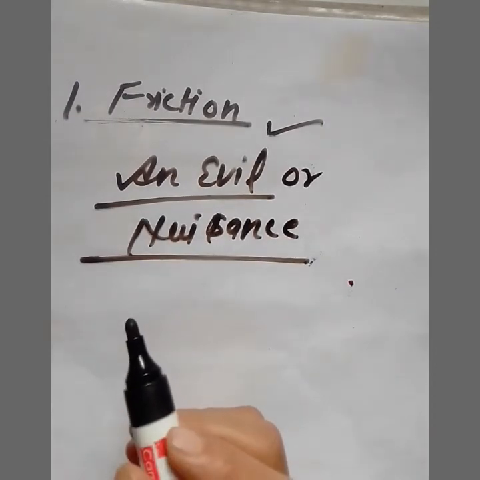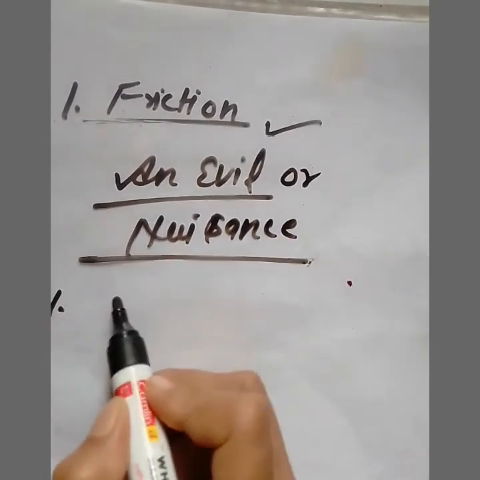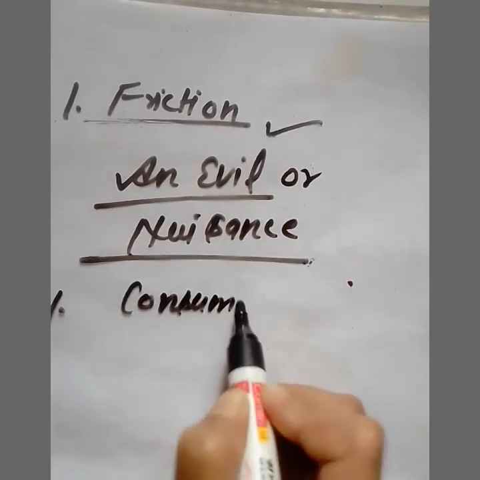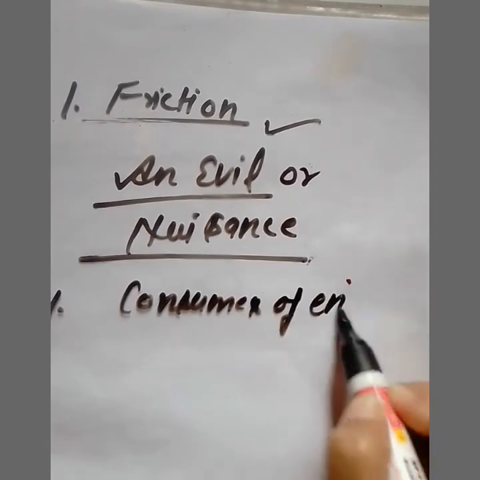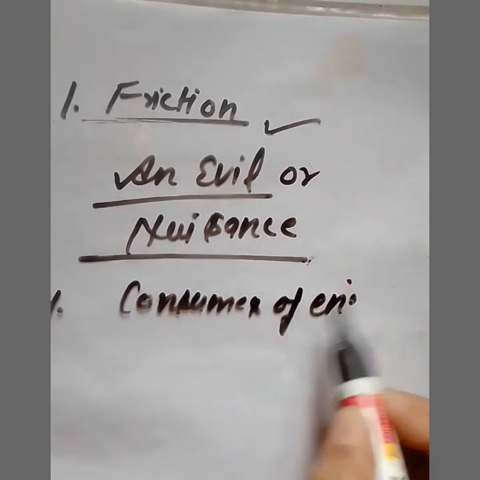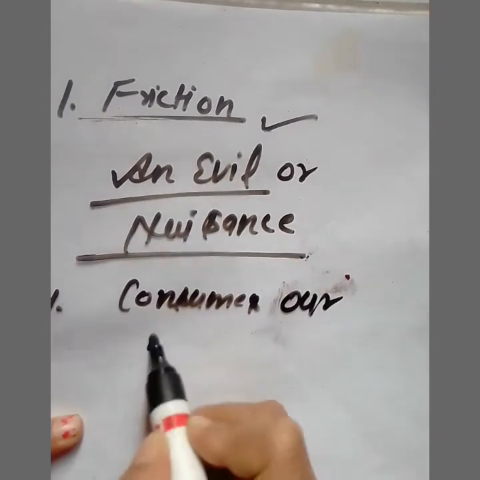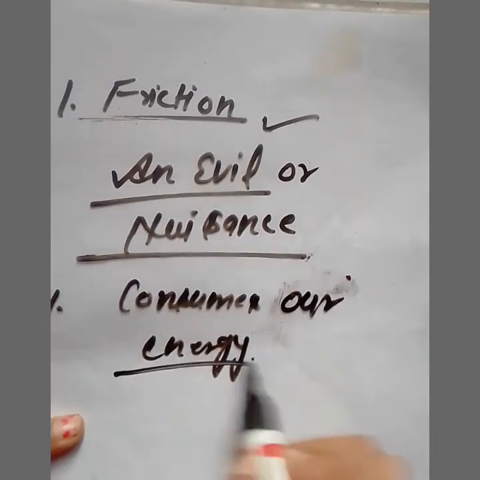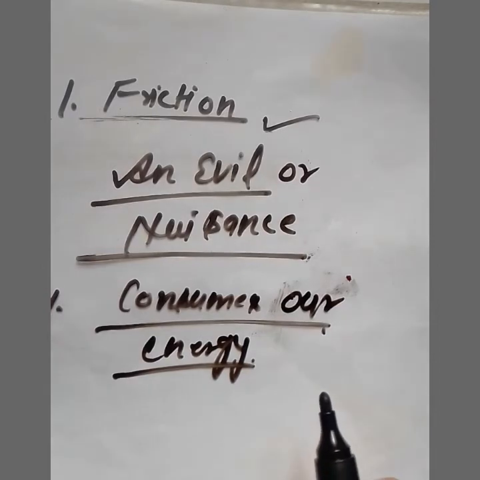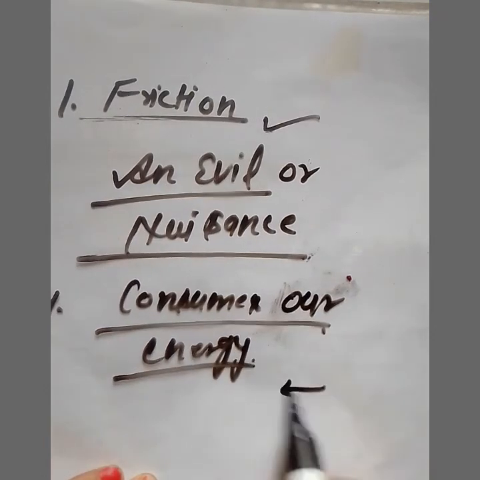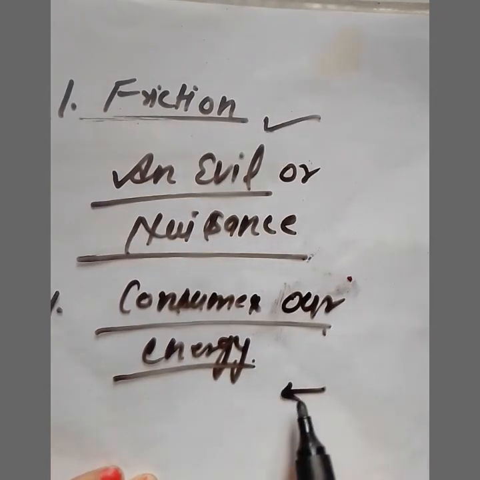So students, first it consumes a greater part of our energy. Because friction opposes the relative motion, it acts in the opposite direction between the objects.